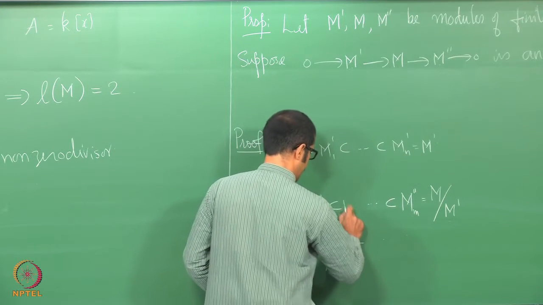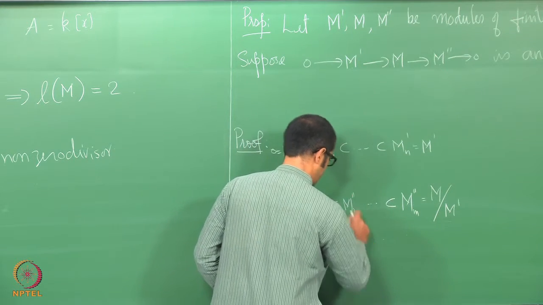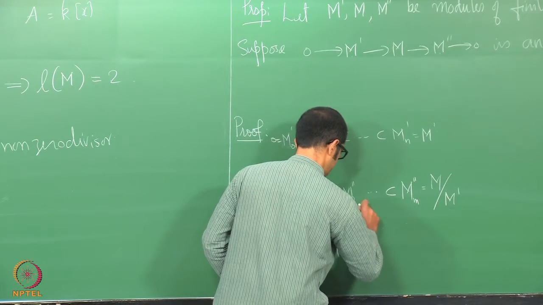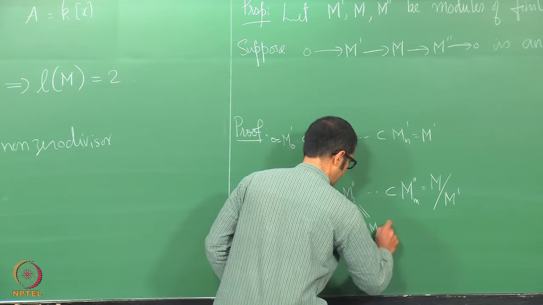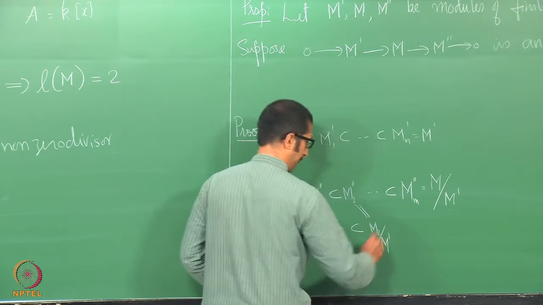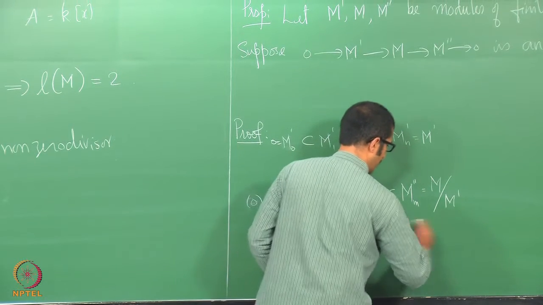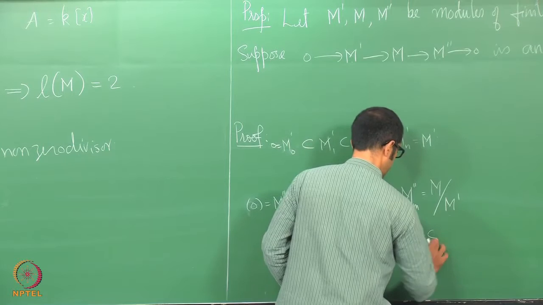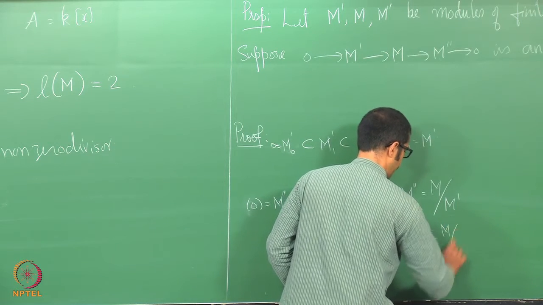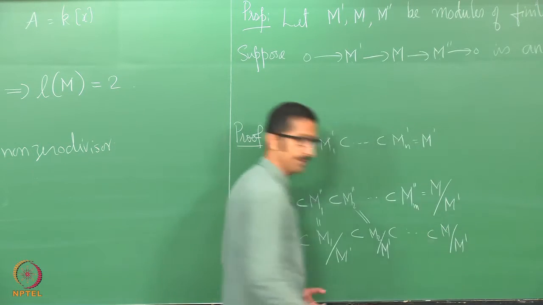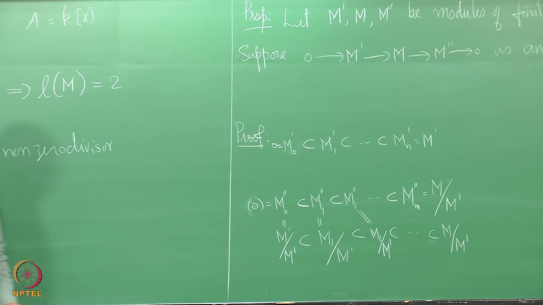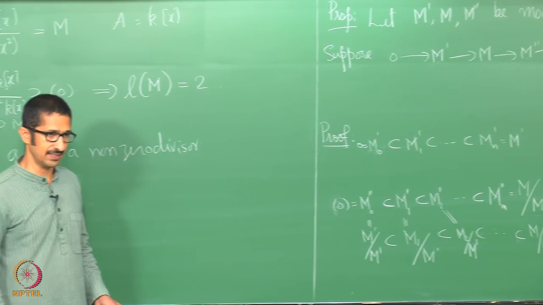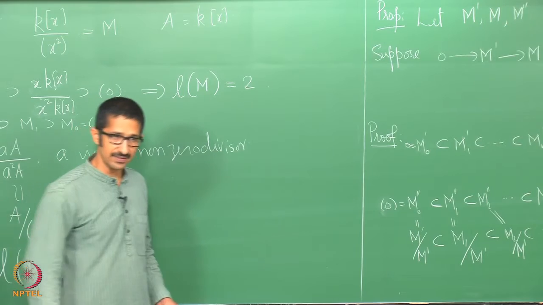Now the next one, M2 double prime, will look like M2 mod M prime, and so on up to M mod M prime.